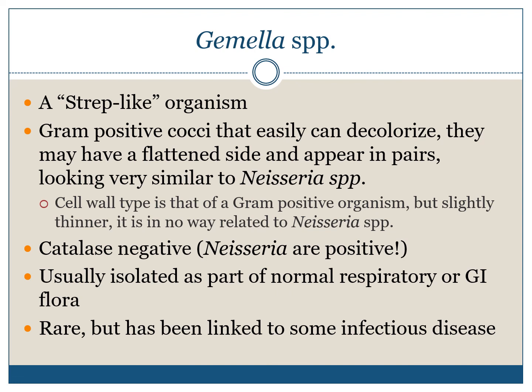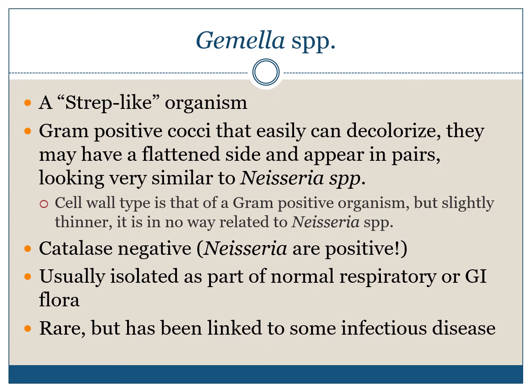Gemella is another aerobic gram-positive cocci, and we do consider it a strep-like organism. They can actually be decolorized very easily, and they may have a flattened side and appear as though they look like a Neisseria species. So you want to be careful when you're staining it that you don't over-decolorize this organism.